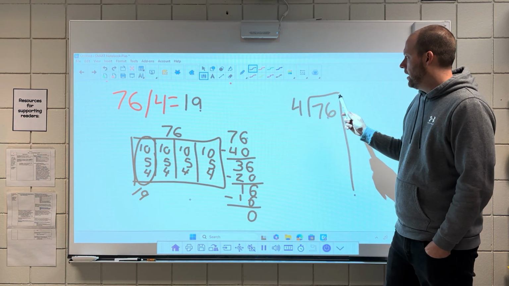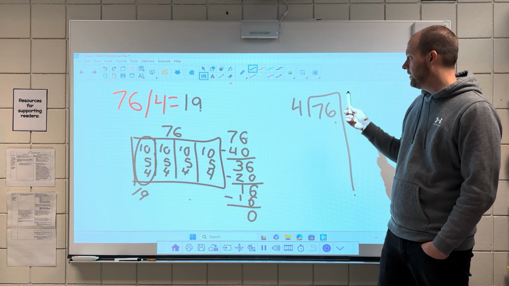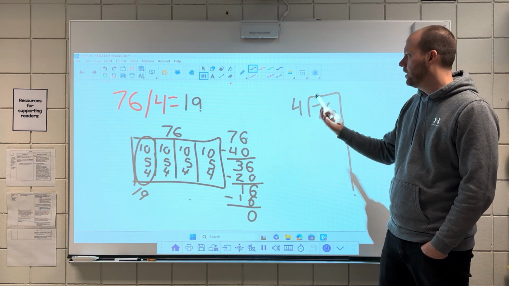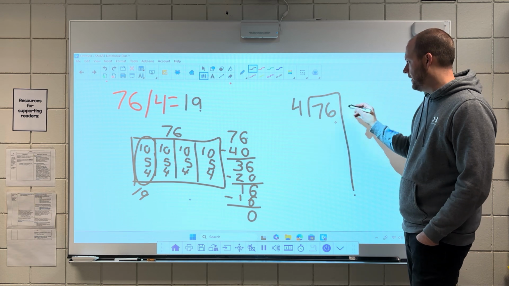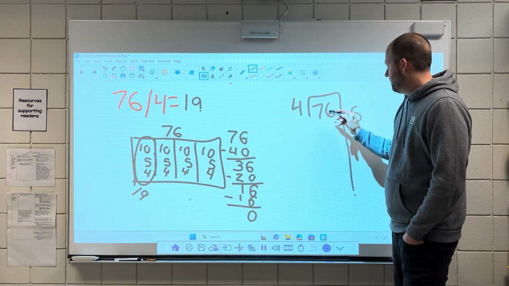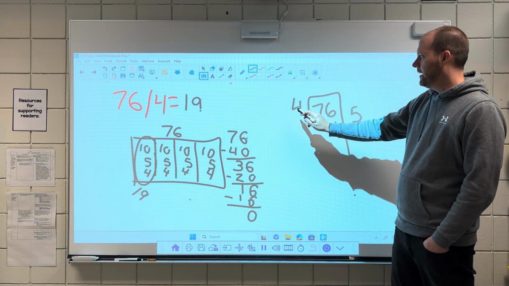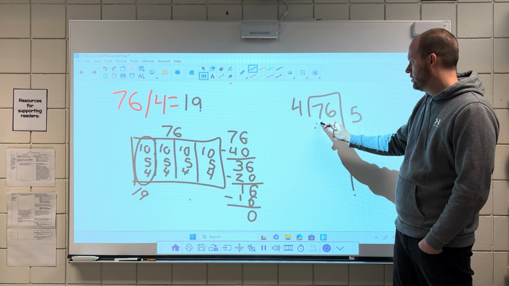So how many 4s go into 76? Same idea. If I have $76 and 4 people, how much can I start giving everybody? I might choose 5 to start, not knowing what it is. So I'm going to choose 5. I now do multiplication. 4 times 5 is 25.